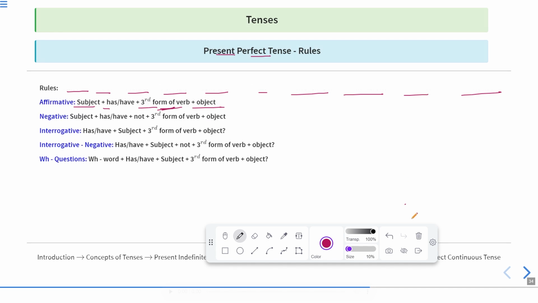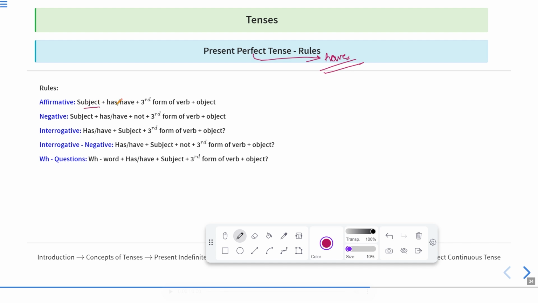Now here we have the rules of present perfect tense, and as I told you before as well, in case of perfect tense, what we necessarily require is the have form. We should always have the have form in present perfect tense. Now the have form you can use as have or has according to the subject, because in the subject verb agreement rule we have already discussed that if the subject is singular, the verb should be singular, and if the subject is plural, the verb will be plural.